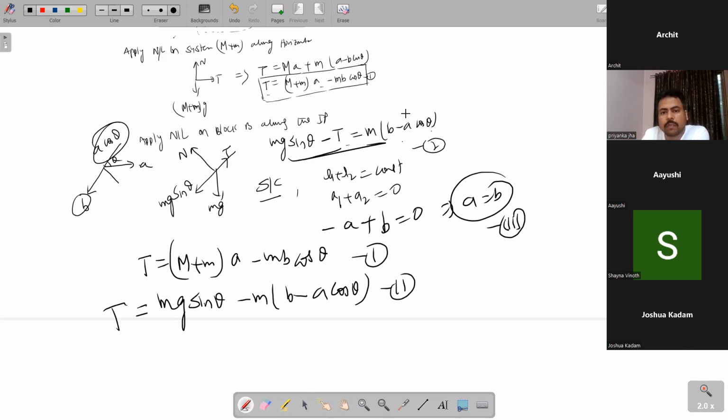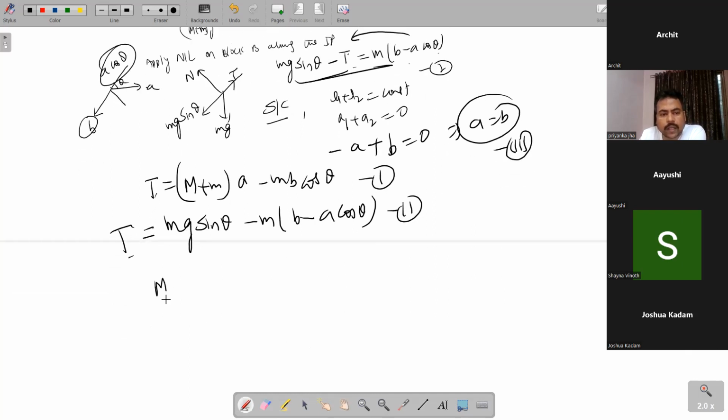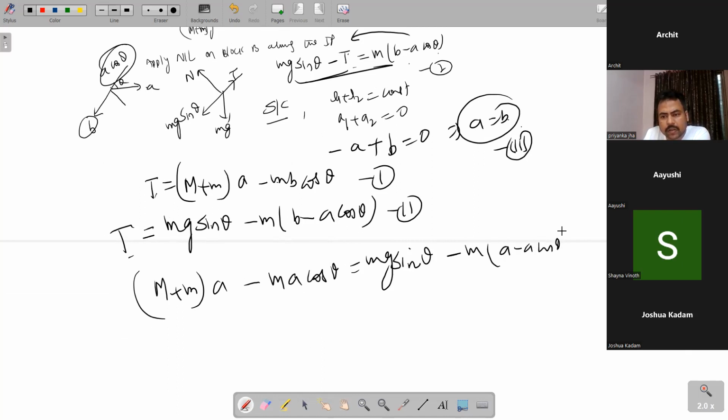From here I just brought this term to the left and this to the right, and from here A to B. So see, T and T both are the same, so these two have to be the same. So (M plus m) into A, I'll put B equal to A here. So this will become mA cos theta equal to mg sin theta minus m(A minus A cos theta). So all will have A.